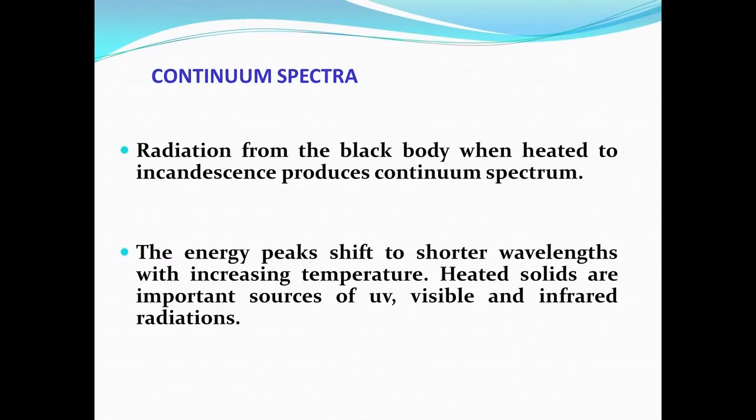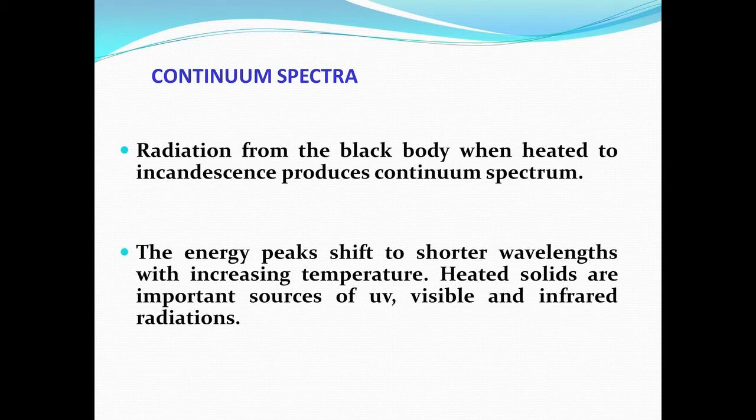The radiation coming out from a black body heated to around 3000 to 4000 degrees centigrade is a continuous spectrum. It is not a line spectrum, it is not a band spectrum. The energy peaks shift to shorter wavelengths with increasing temperature.